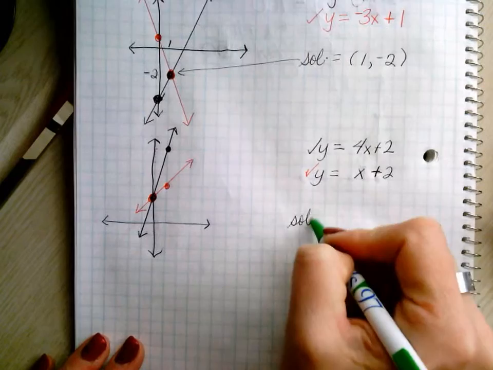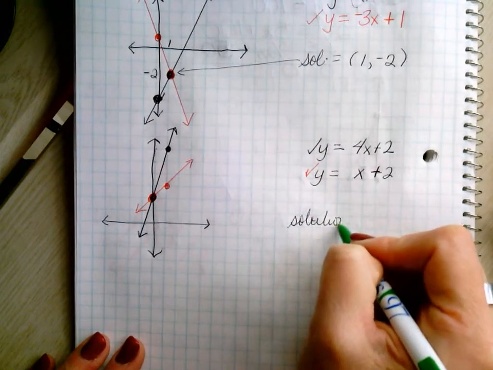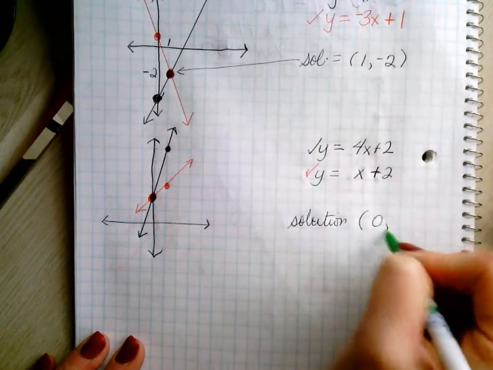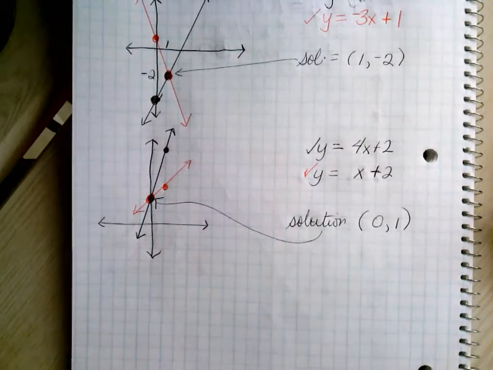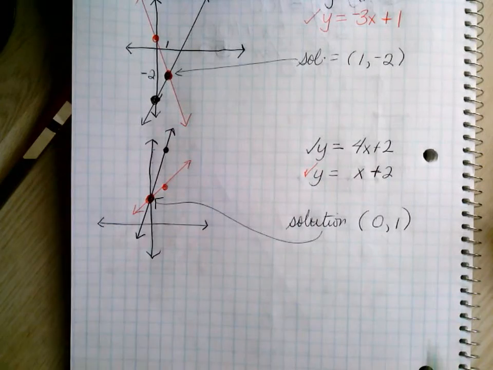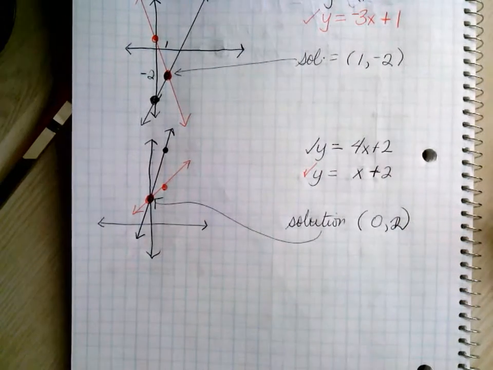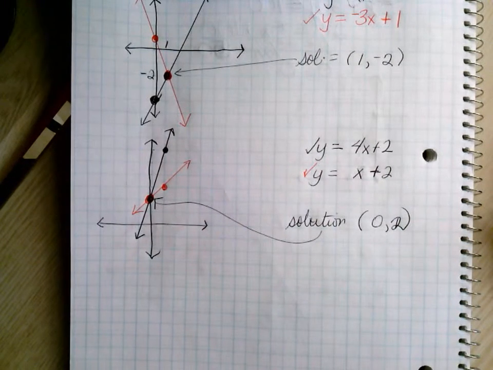The solution is 0, 1, where the two lines intersect. I mean 0, 2, good grief. 0, 2. So this is 2 examples of solving a system.